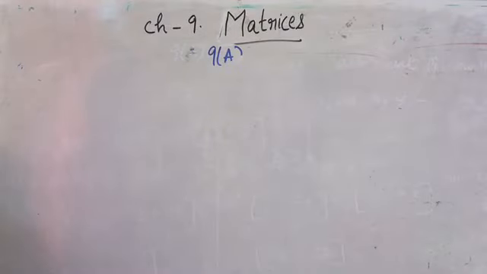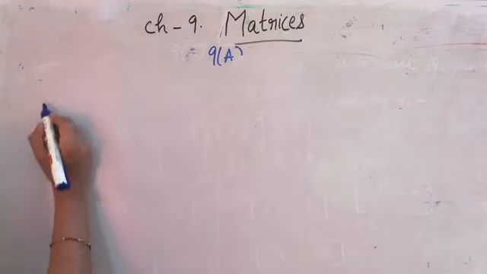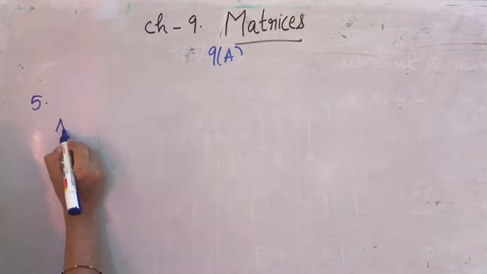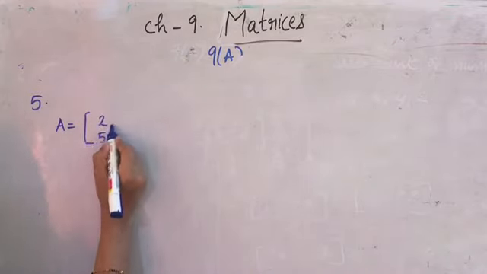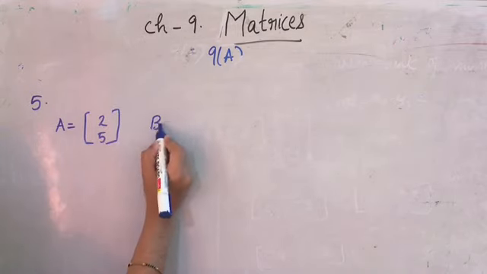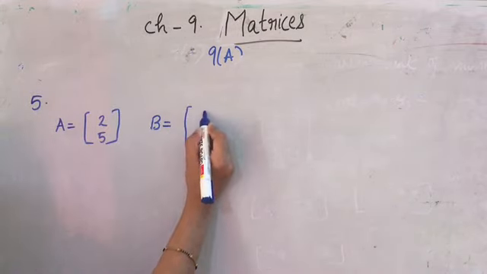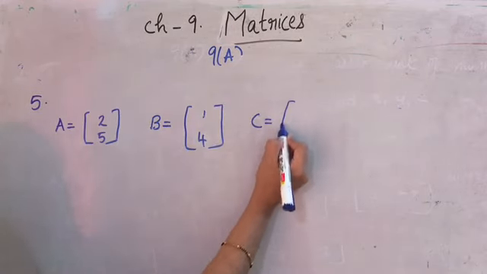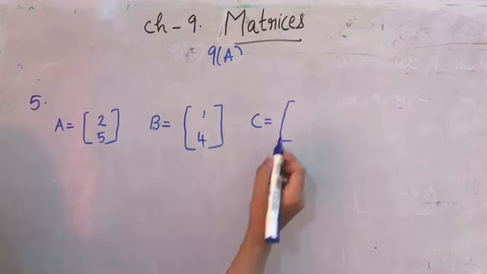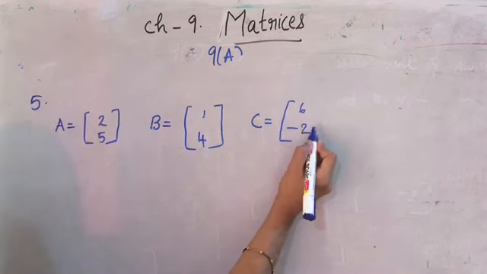Let us do the next question, that is the fifth question. A equals [2, 5]. B equals [1, 4]. C equals [6, -2].